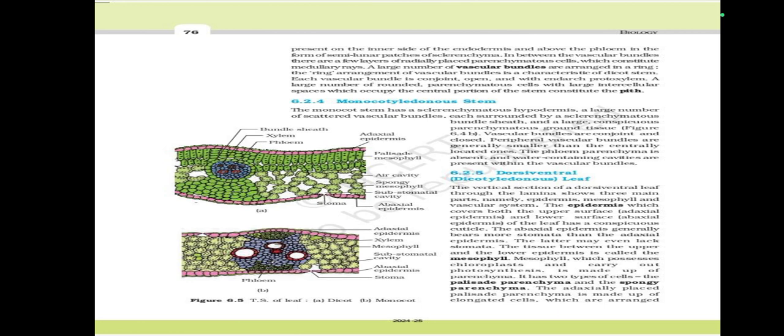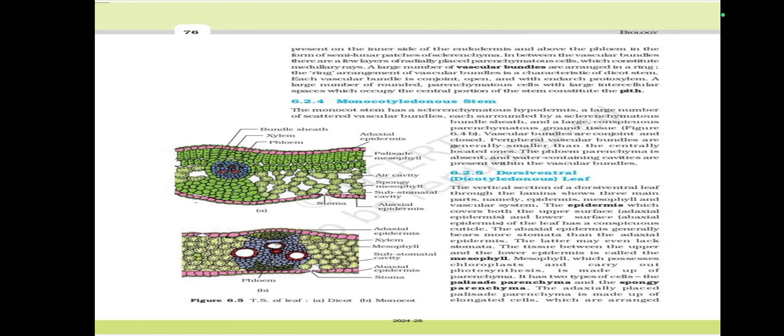Pericycle is present on the inner side of the endodermis and above the phloem in the form of semilunar patches of sclerenchyma. In between the vascular bundles, there are a few layers of radially placed parenchymatous cells which constitute the medullary rays.